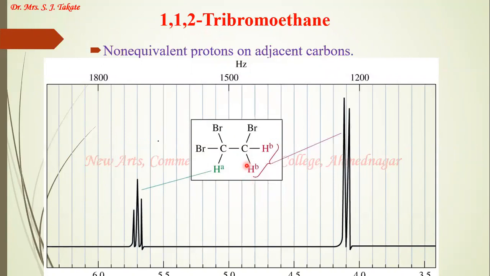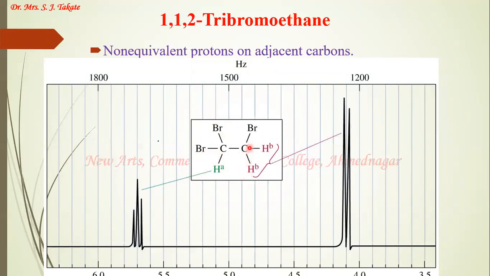Here we know that these two protons are chemically equivalent as their chemical surrounding is the same, while this Ha proton is non-equivalent with these two protons because its chemical surrounding is different.